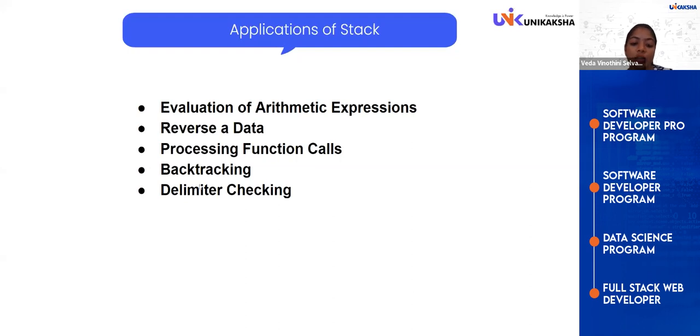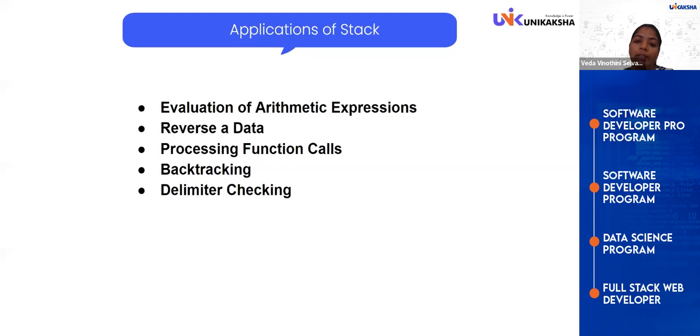This backtracking operation is helpful by using the stack data structure. And then delimiter checking: for example, while you are working in any IDE or coding in an online compiler, in languages like Java or C#, there are plenty of delimiters you need to give, like colon and semicolon, and there are delimiters in Python also.